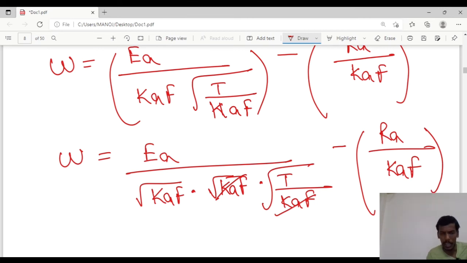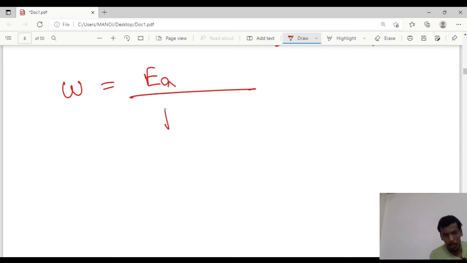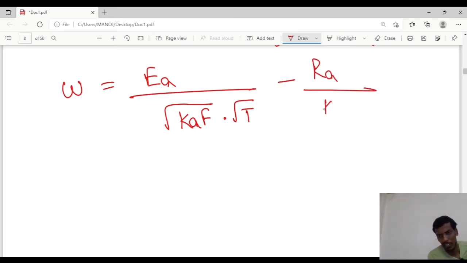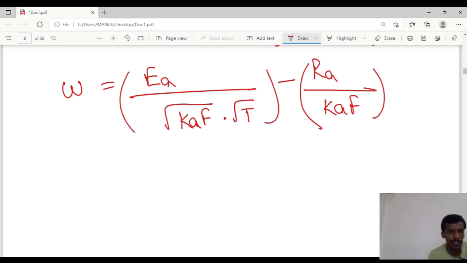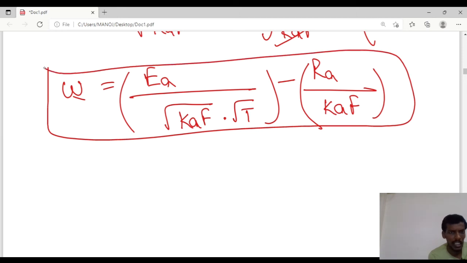So I can write omega value equal to Ea by root of Kaf into under root of T, minus Ra by Kaf. This is the rotor speed, the equation for the series motor.